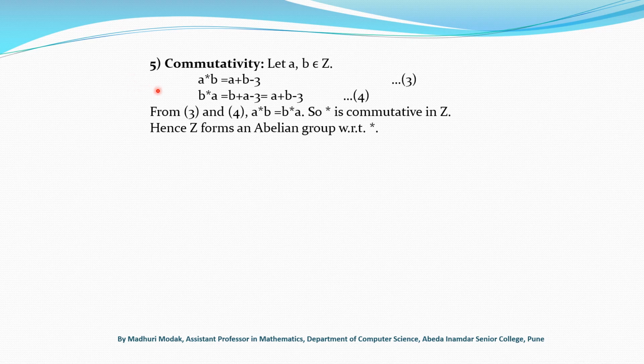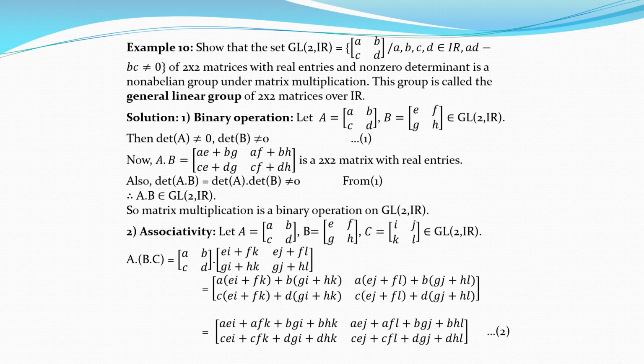So, a star b is a plus b minus 3 by definition and b star a is b plus a minus 3. But addition is commutative in Z. So, b plus a is the same as a plus b. So, we get a star b equal to b star a. That means star is commutative in Z, and Z forms an abelian group with respect to star.